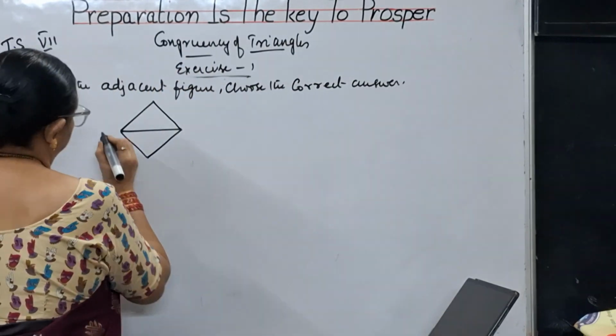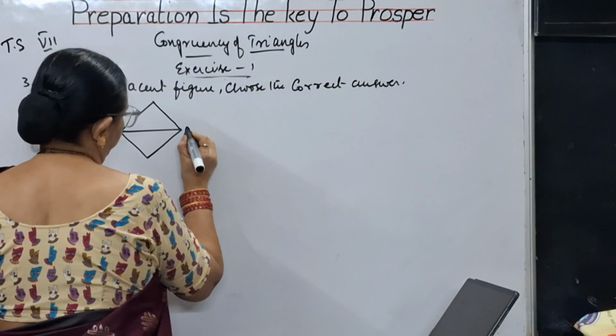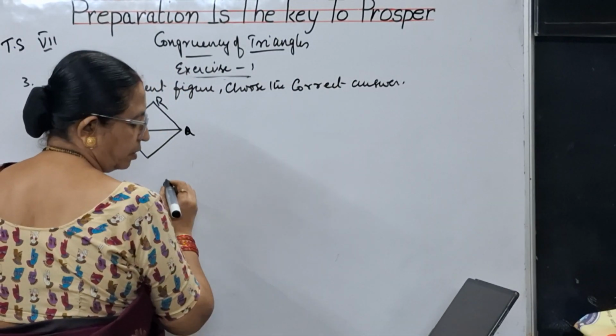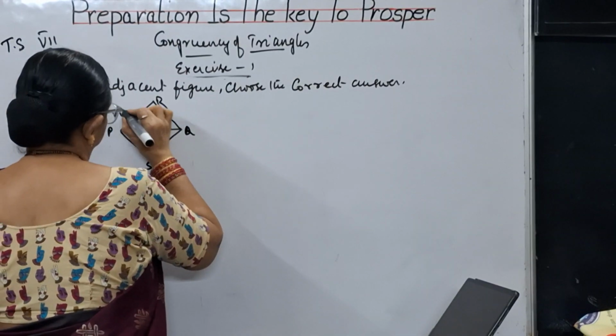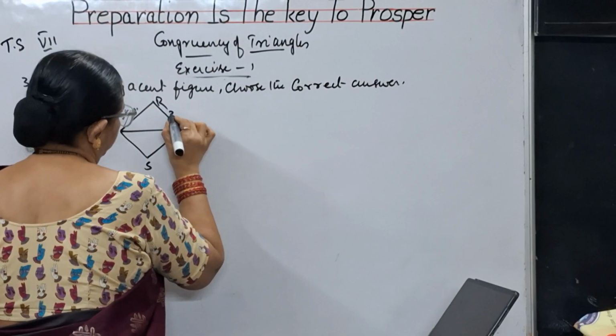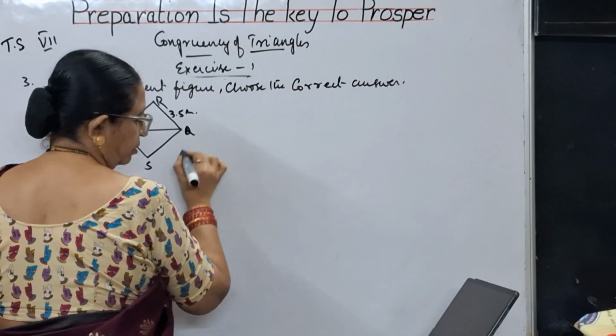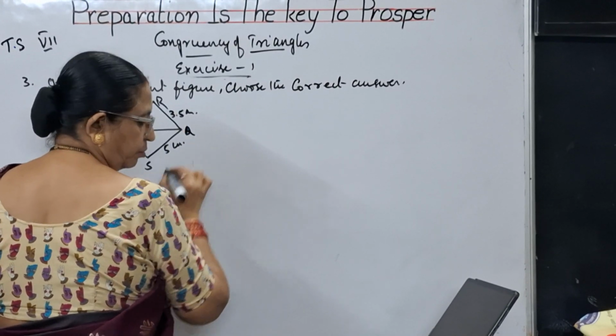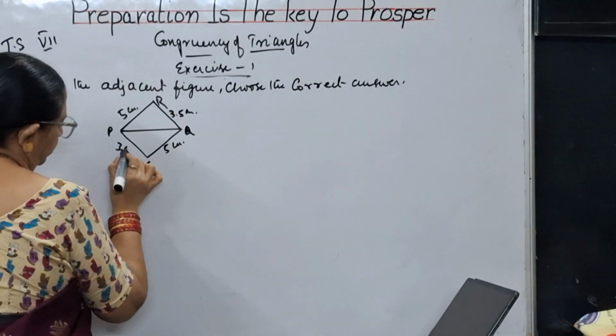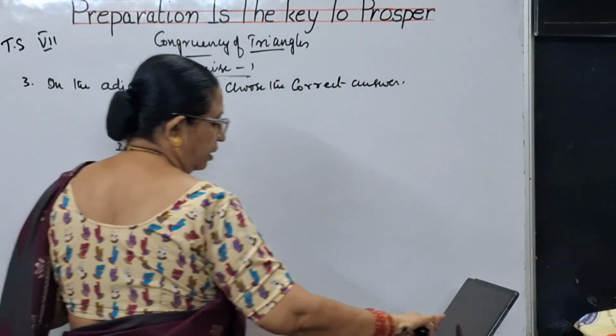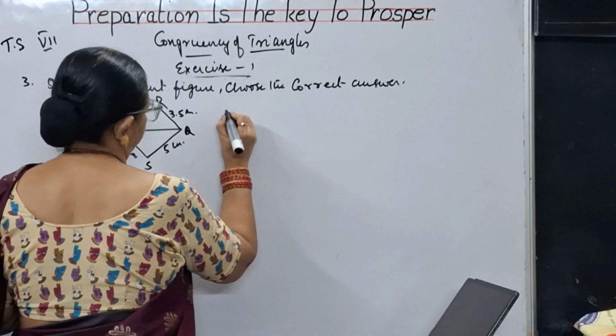This is P, Q, R, S. 5 centimeters, 3.5 centimeters, 5 centimeters, 3.5 centimeters. Here they have given congruencies.